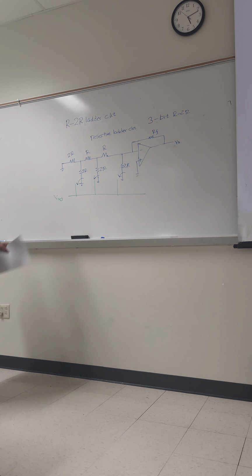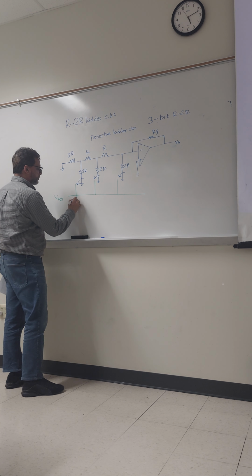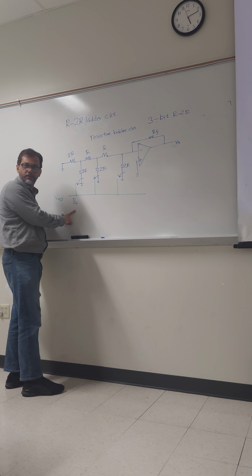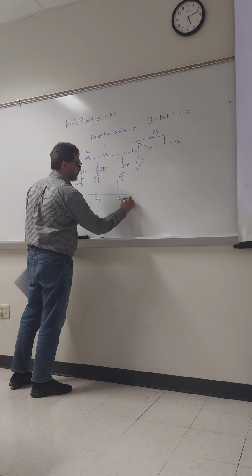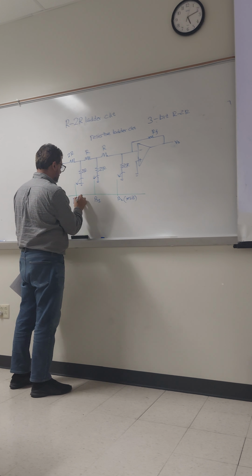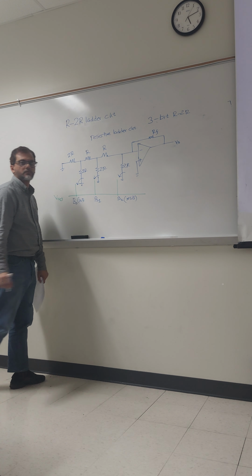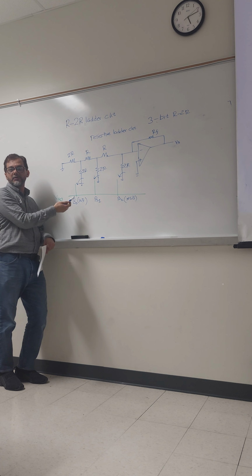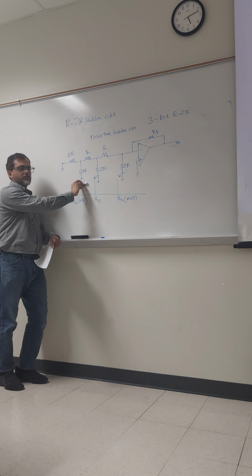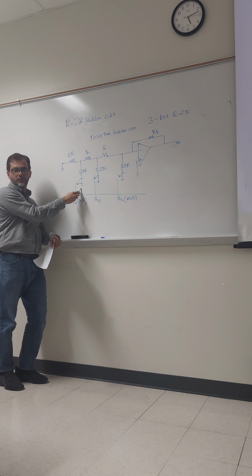Now if you consider this one is B0, LSB, B1, B2. Whenever there is an input, the reference voltage, for example 5 volt or 10 volt, whatever it is, it will connect here. If it is not 1, it will be connected to 0.